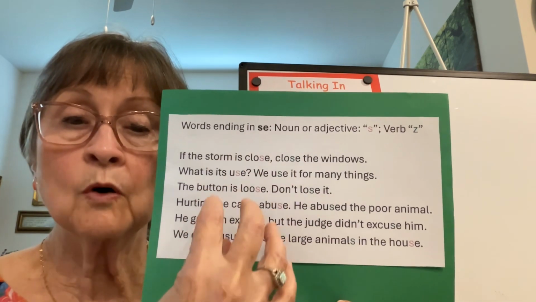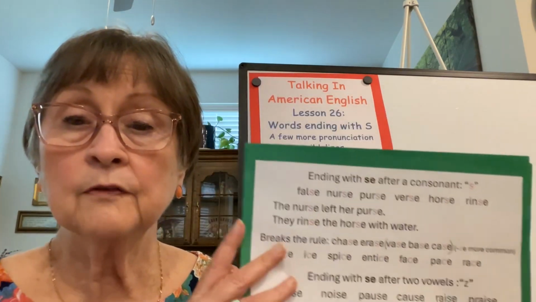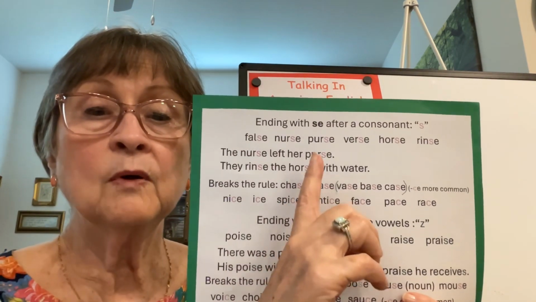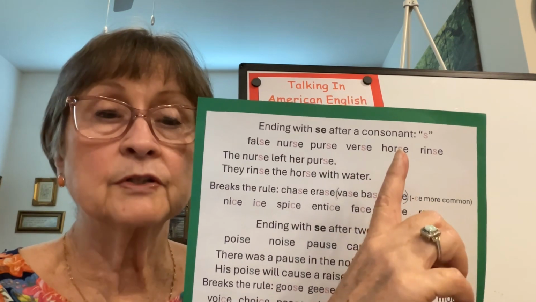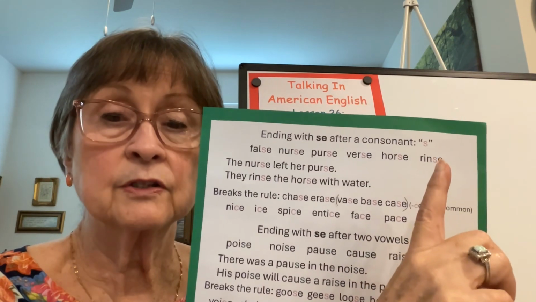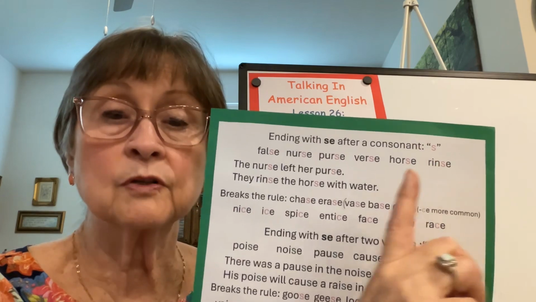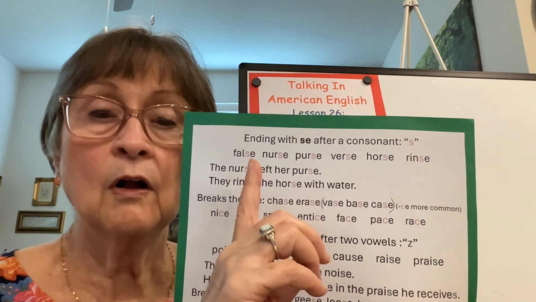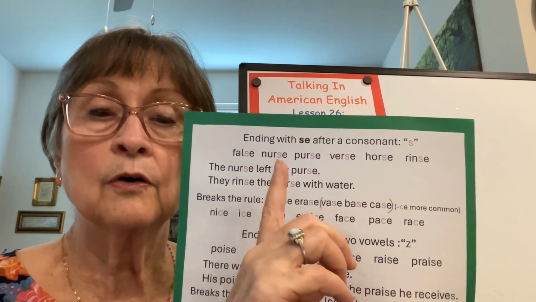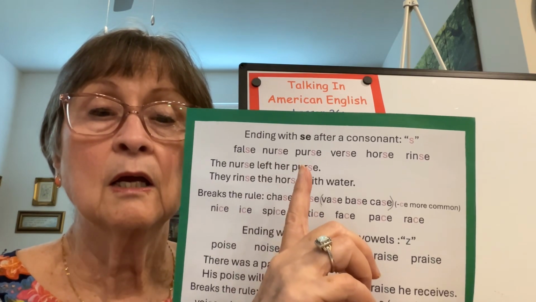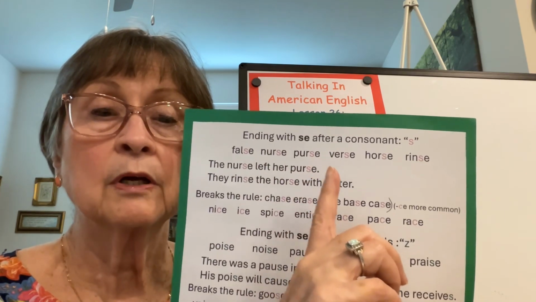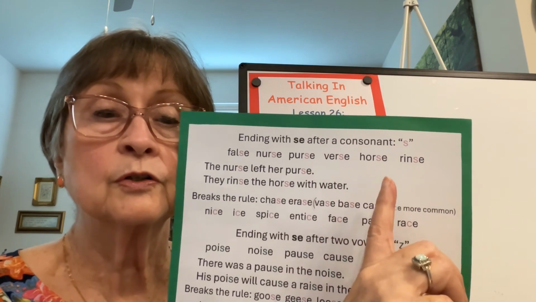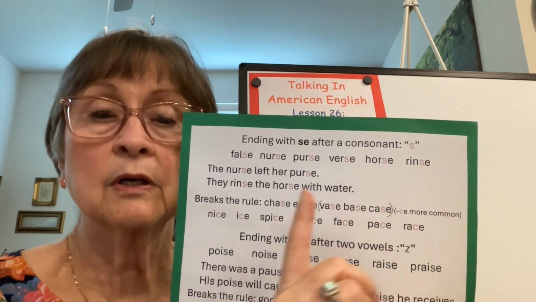So there are some words that work that way. Let's look at a few more. When a word is ending with SE after a consonant, it says S, or S most of the time. As in false, see the consonant SE, false, nurse, consonant SE, purse, verse, horse, rinse.